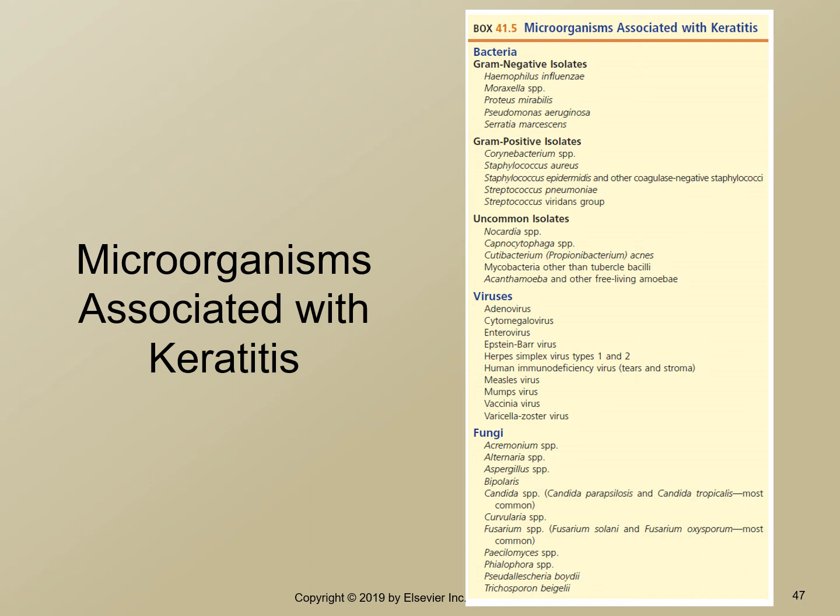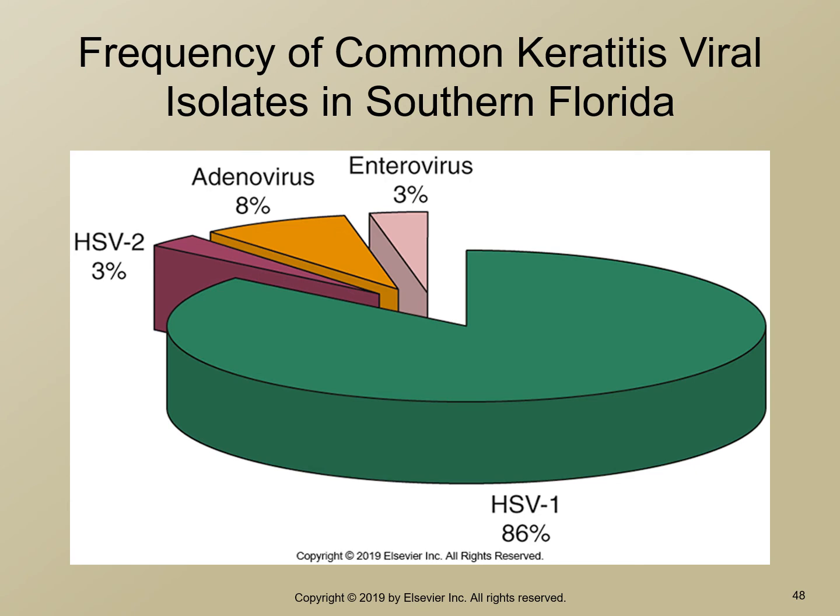So although herpes simplex virus is discussed more in the textbook, there are several other viruses that can be associated with keratitis. This table is one from a study in southern Florida showing the prevalence of herpes simplex virus 1 in keratitis viral infections. So you'll see there's an 86% incidence of HSV infections in keratitis.